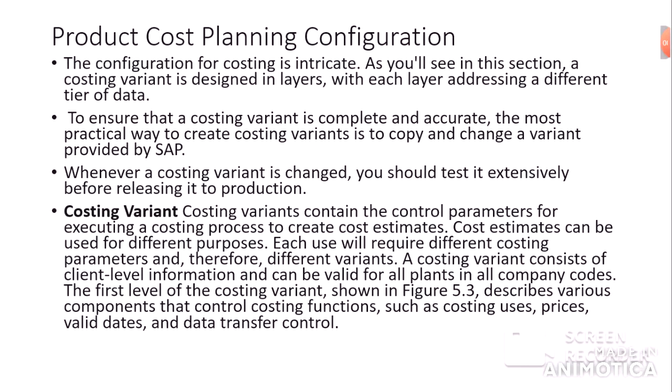A costing variant consists of client level information and can be valid for all plants in all company codes. The first level of the costing variant shown in the figure describes various components that control costing functions such as costing uses, prices, valid dates and data transfer control.